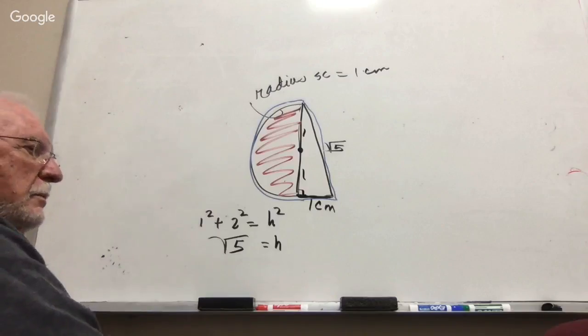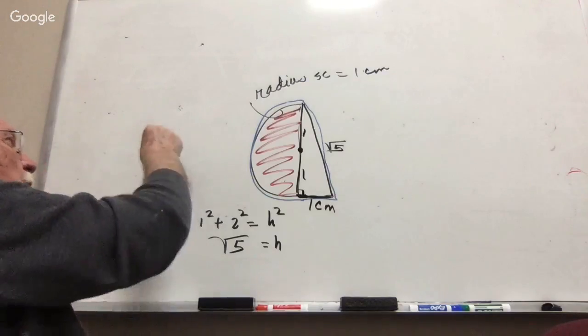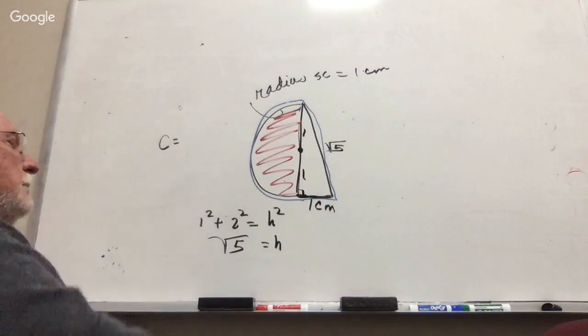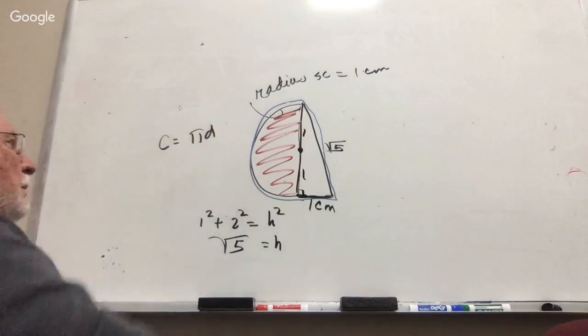Circumference. Yes, that word. So what's the formula for the circumference of a circle? It's pi times the diameter, or pi times 2r.